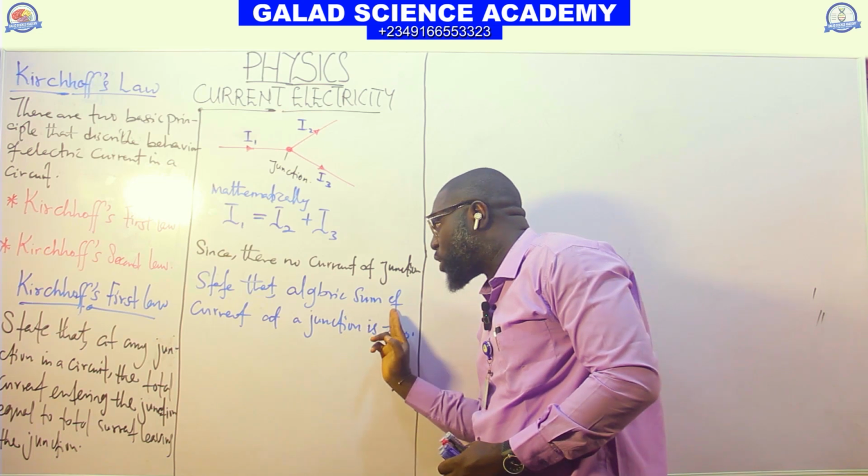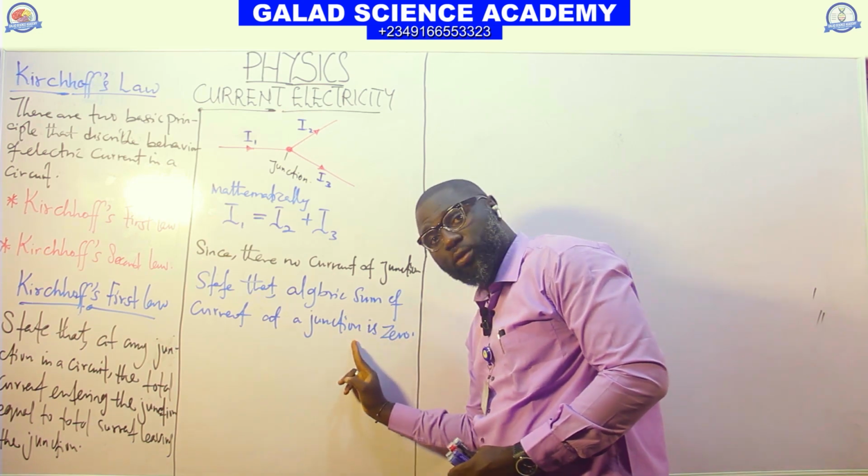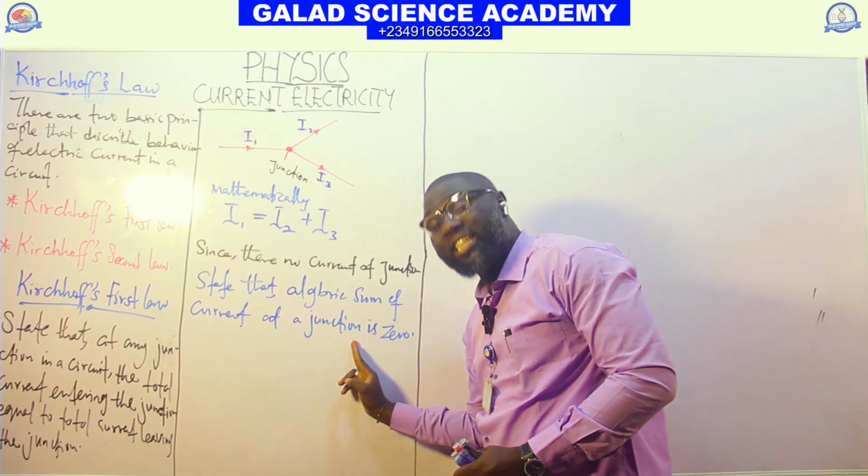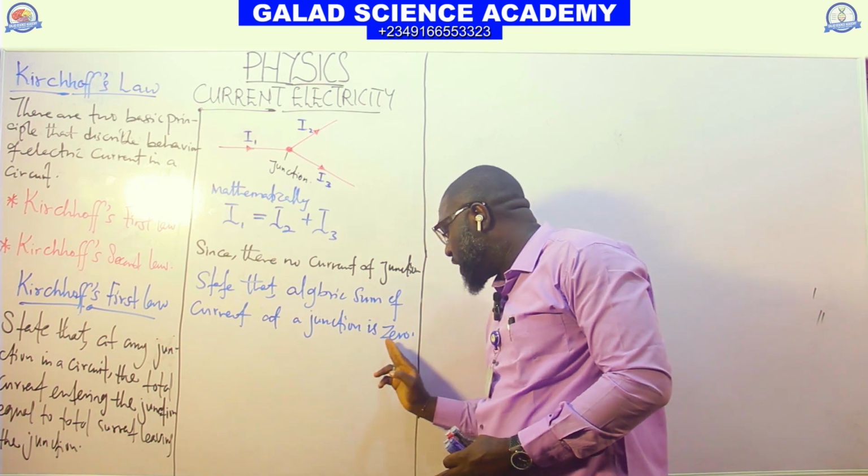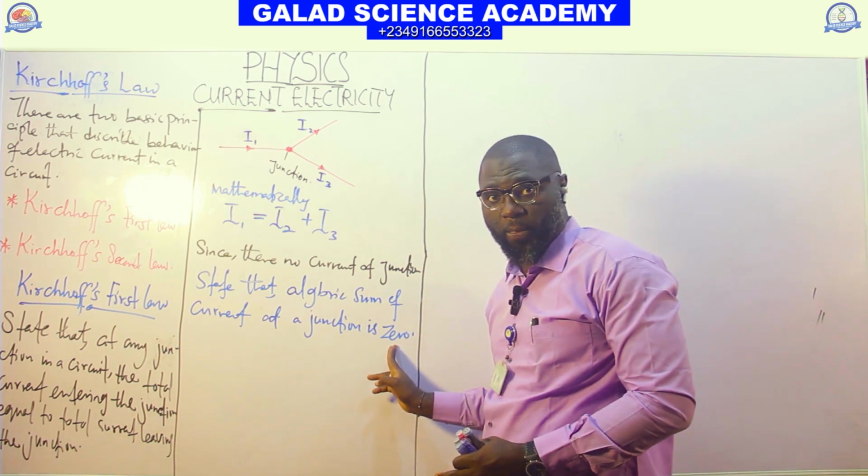Since no current stays here, the algebraic sum of currents at a junction in a circuit is zero.